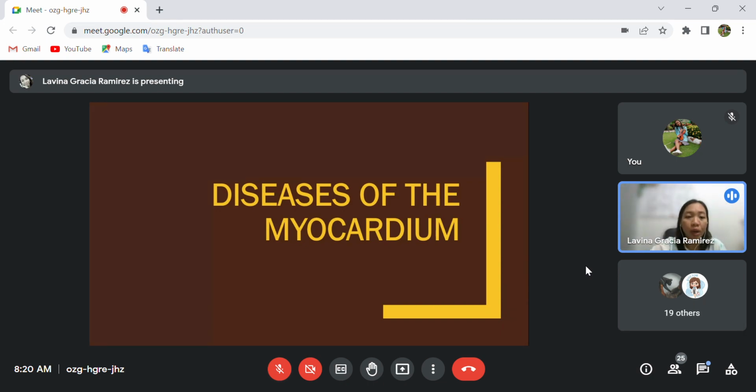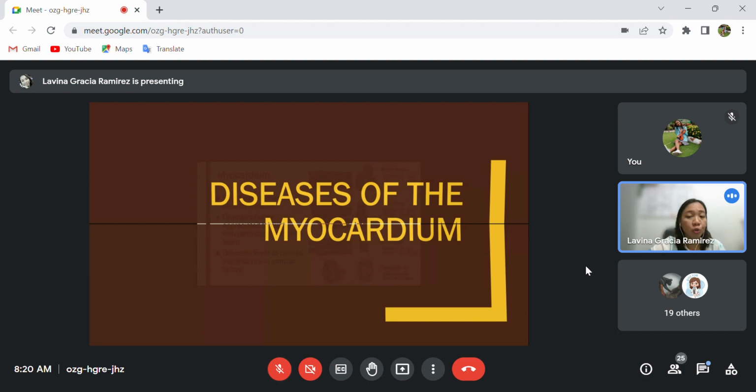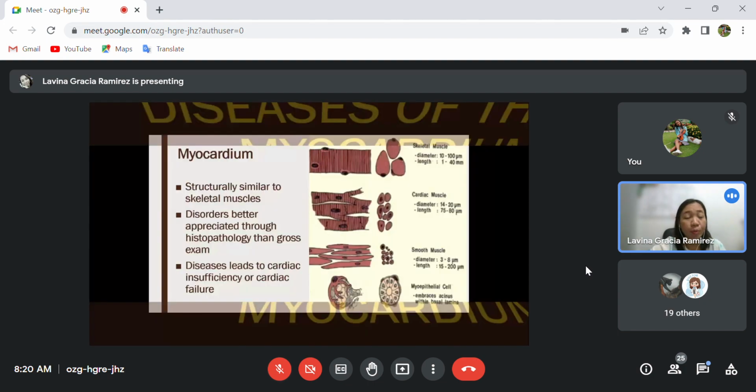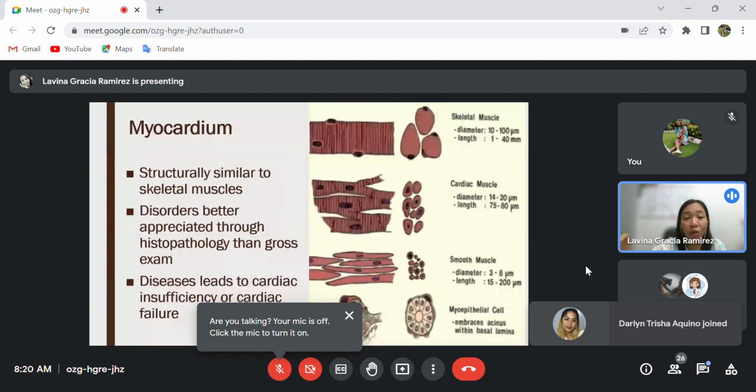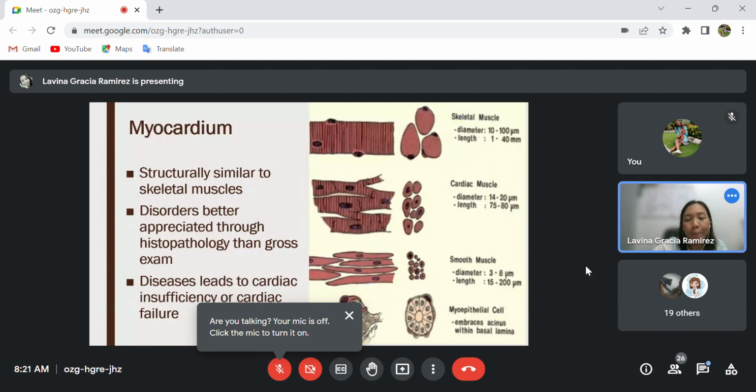So let's start with the diseases of the myocardium. I hope you know what myocardium is, because myocardium is the muscle part. These represent the muscle portion of the heart, which has a very important role. Kasi alam natin that the heart is the center that has the capability to contract and distribute blood in the system, so circulation.